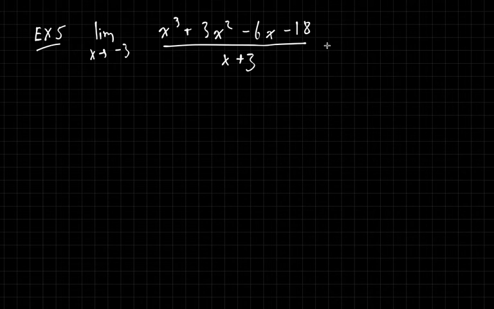I'm just going to tell you that this does lead to indeterminate form. So I'm not going to go through the steps of plugging that in. But what you would do is first try direct substitution like before, right? Plug in the -3 and you would get this. So that signifies that you need to try something else.